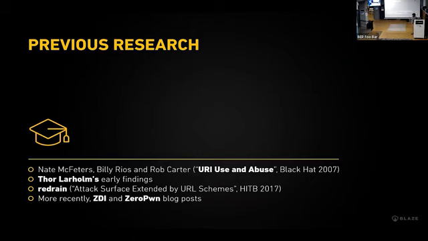More recently, around 2017, about 10 years later, there was a very interesting talk from a Chinese hacker called Red Rain on this particular topic. And more recently, ZDI had this researcher who found a bunch of bugs in some EA software games.